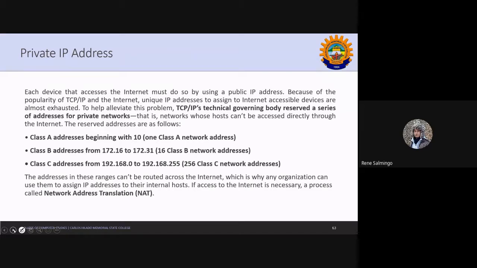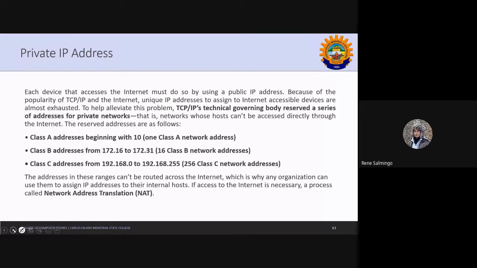And Class A usually begins at 10, Class B usually starts at 172, and for Class C we usually have 192.168.0.